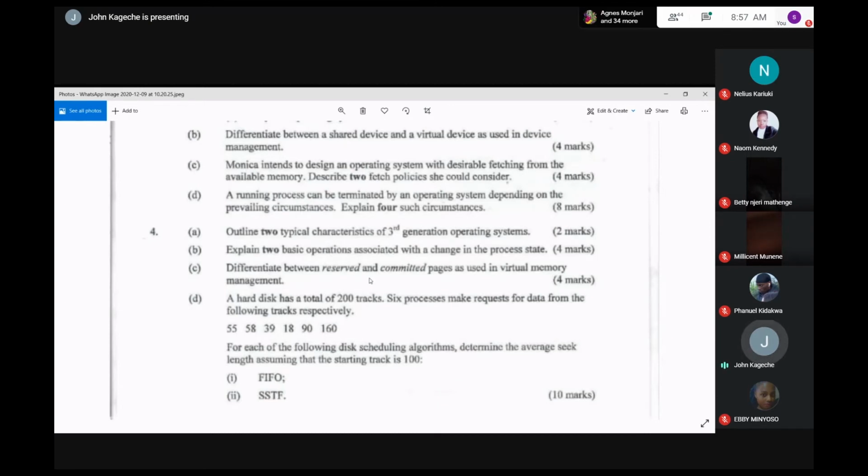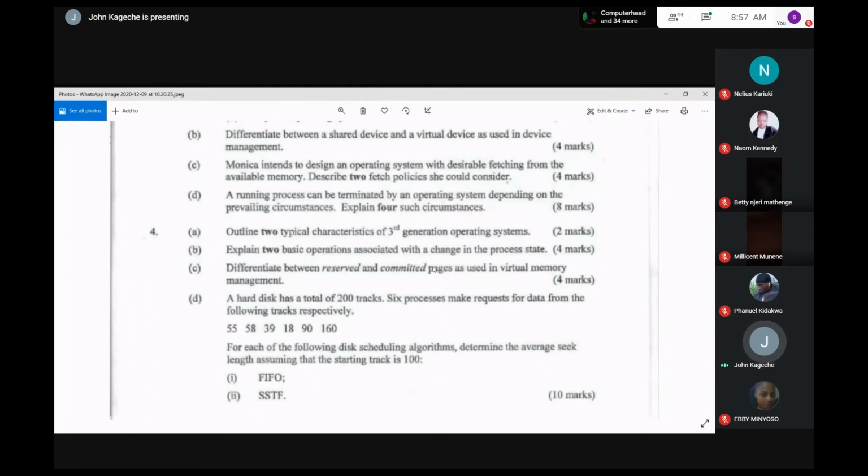So they are basically reserved for a particular process, but they will only be used when that particular process needs it. Committed pages are pages for which the virtual memory manager has set aside space in its paging file. So they're basically allocated pages.